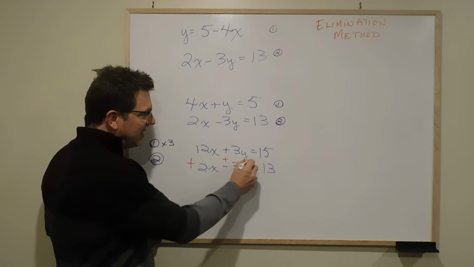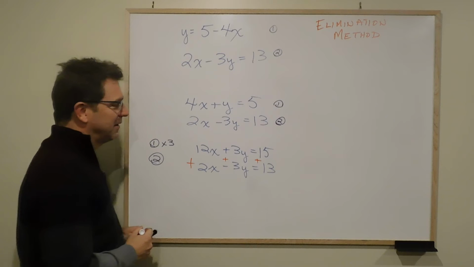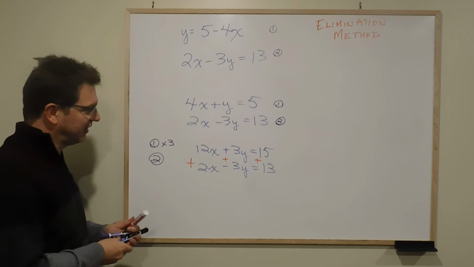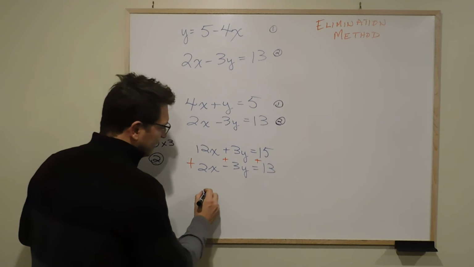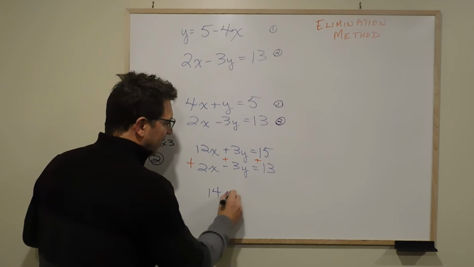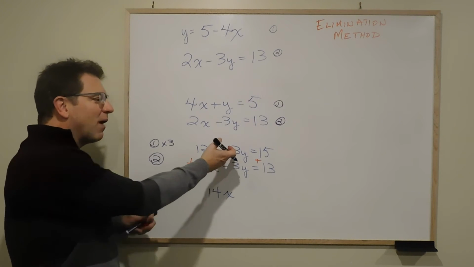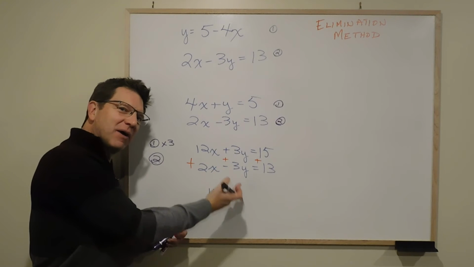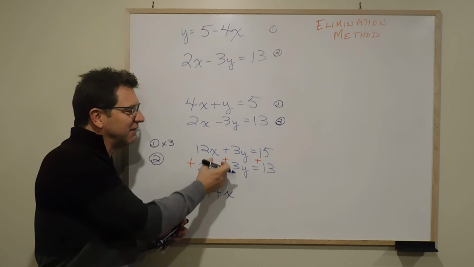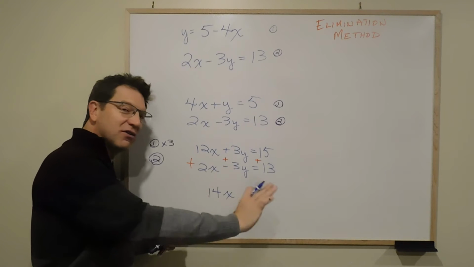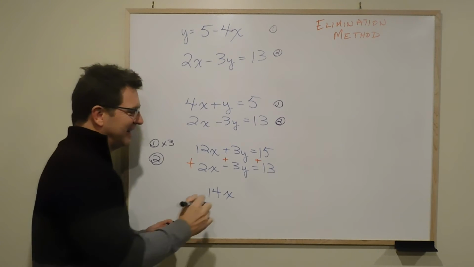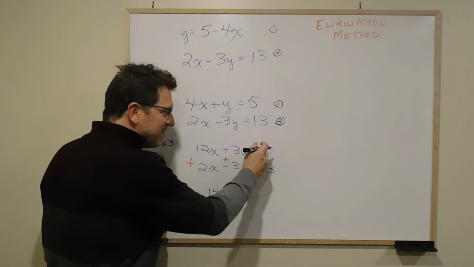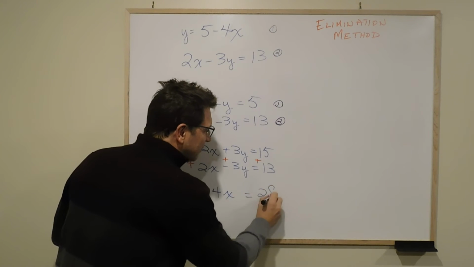You'll see why in a second. 12x plus 2x is 14x. 3y plus a negative 3y, careful with your signs, is 0y. So it's eliminated. Elimination! Then 15 plus 13 is 28.